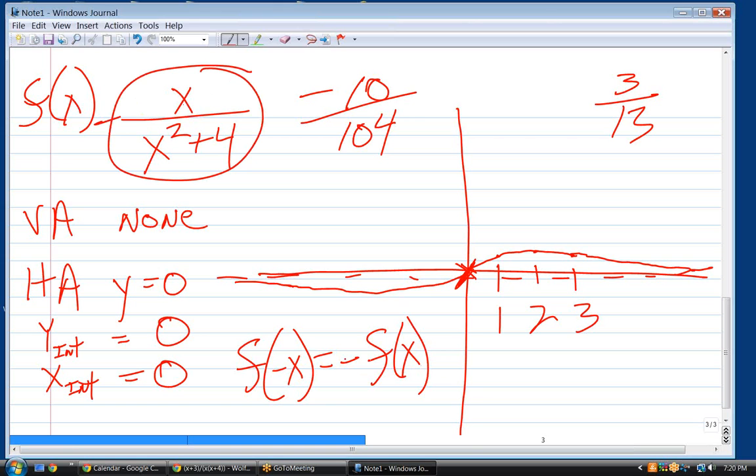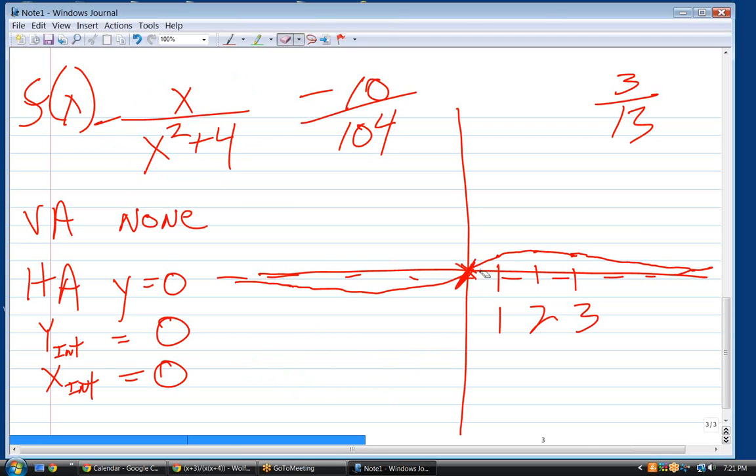So it does fit the definition of odd, and it should be symmetrical with the origin, and it appears to be. And there's only one intercept, right there. It approaches the horizontal asymptote as you go towards negative infinity, and it approaches the horizontal asymptote as you go towards positive infinity.